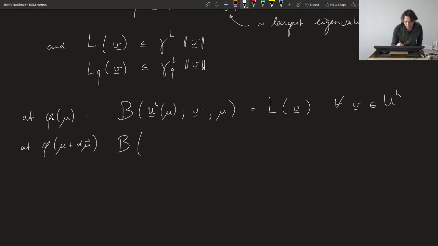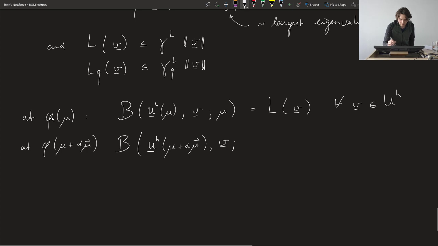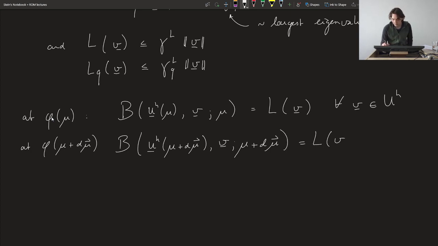We have that b(u_h, v) at the location mu plus d mu in some direction has to be equal to L(v) at mu plus d mu.